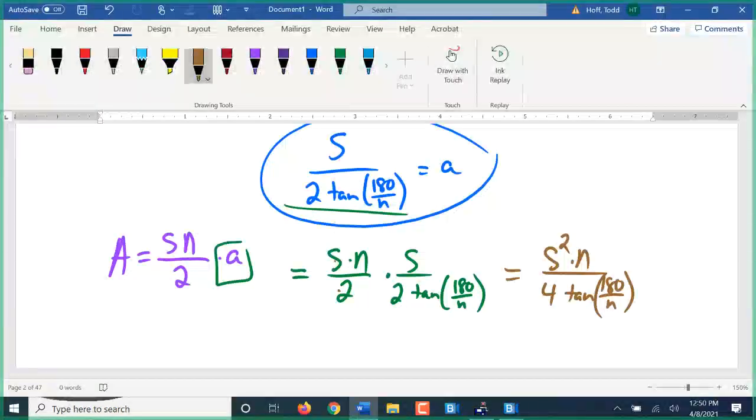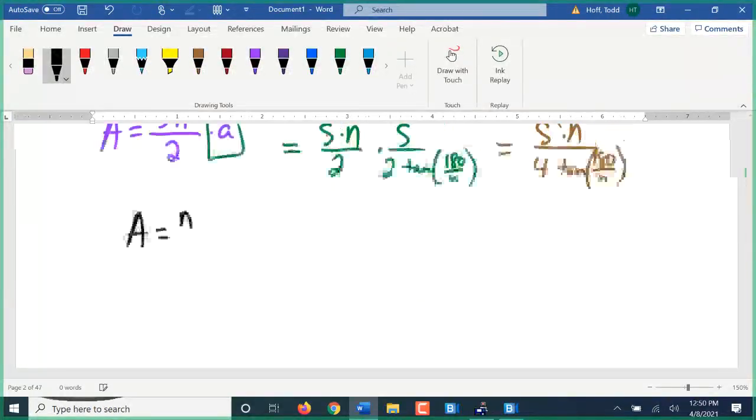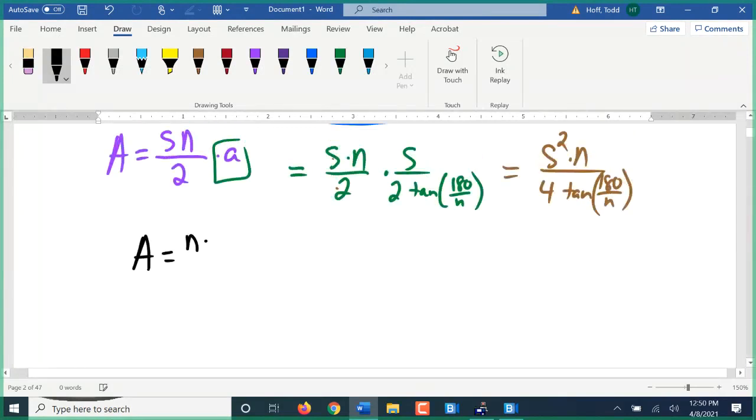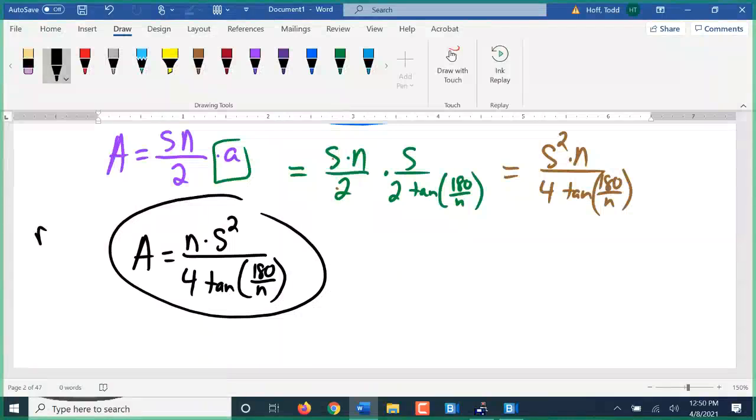So what this formula comes out to be, that was a lot of derivation for a formula that actually is just a little bit ugly. I'm going to rearrange it a little bit: n times the length of the side squared over 4 times tangent of 180 degrees divided by n, the number of sides. That is the area of any regular polygon.